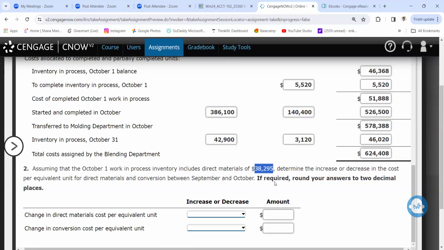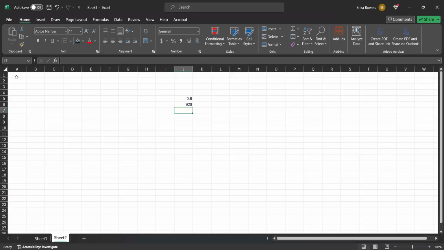So remember, the total cost is 46,368, but DM is 38,295. So how much is there per unit? So I'm gonna go over to Excel so we can calculate it.